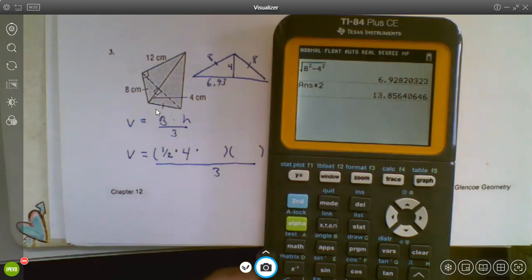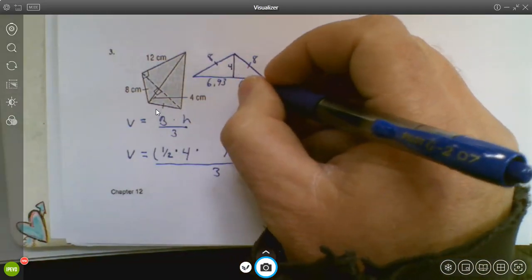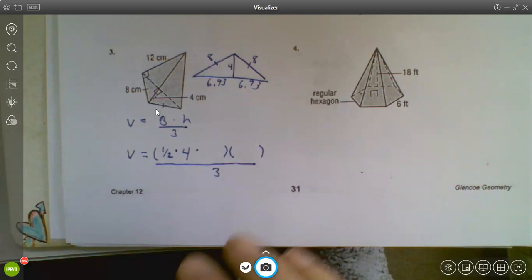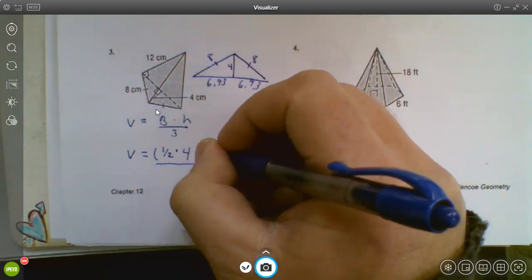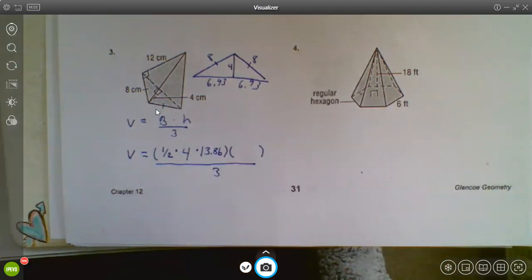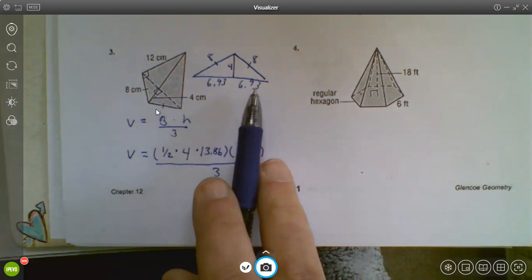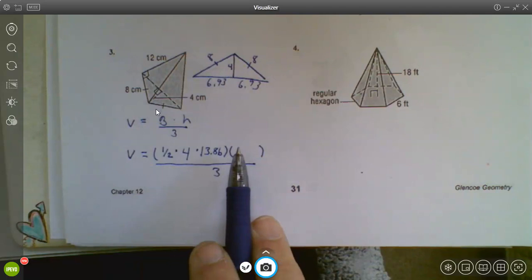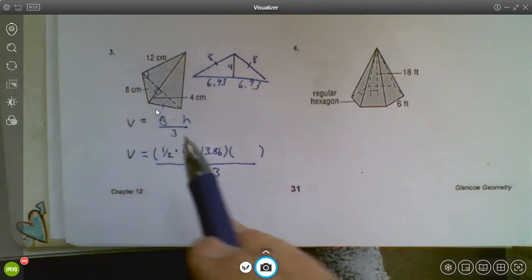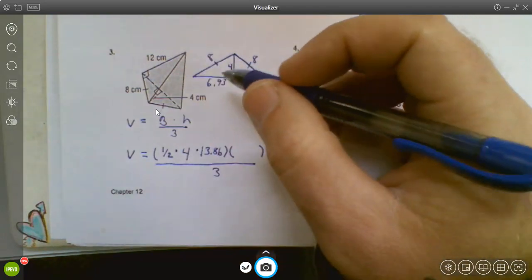So 13.86 would be the whole thing. Right, so the entire length is 13.86. All right, and we've identified the area of our base, which is just the area of this triangle. We did 1/2 the base times the height, and the height of the pyramid. They're not really giving us, so we're gonna have to solve for that too.